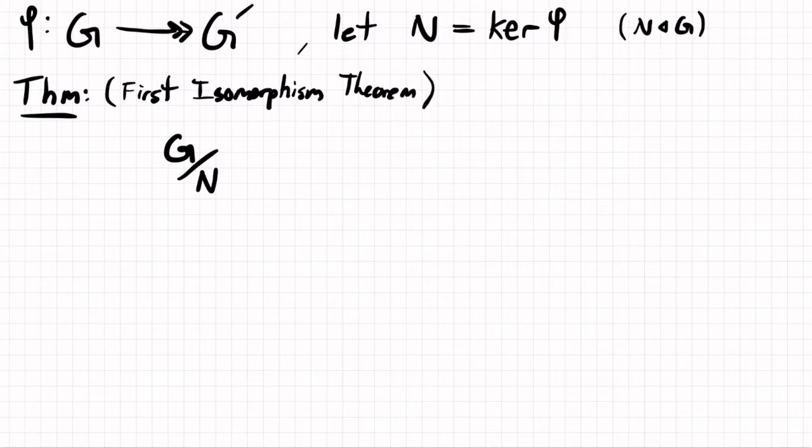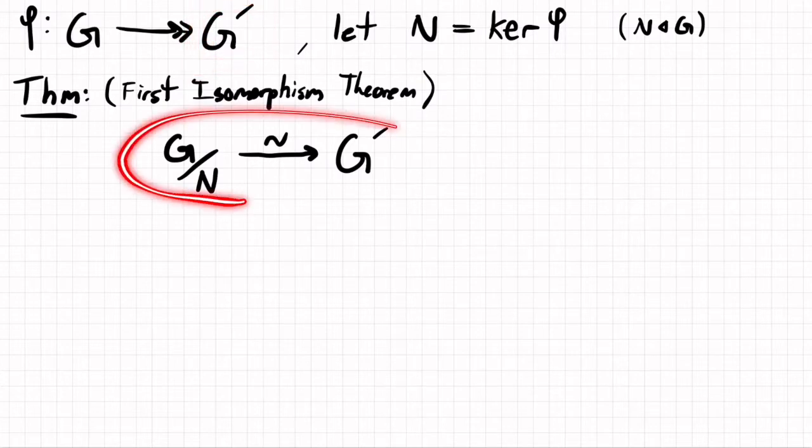And it's a theorem about G mod n, and what it says is that G mod n is isomorphic to G prime. So G prime being the image, the target of this morphism. Of course, the image being surjective, the image of the morphism phi will be G prime. And this is what the theorem says.